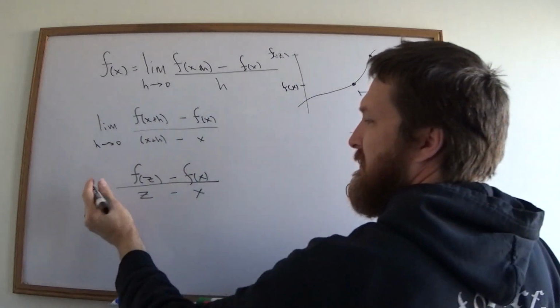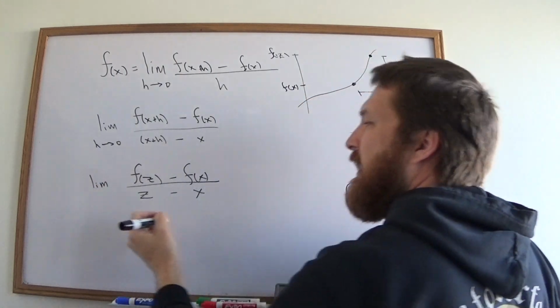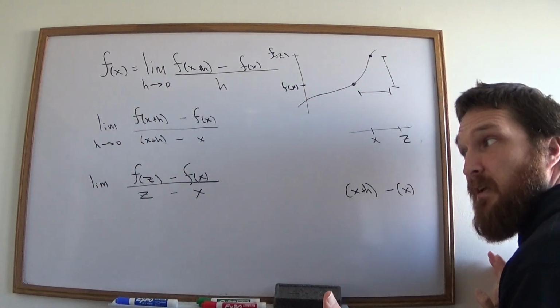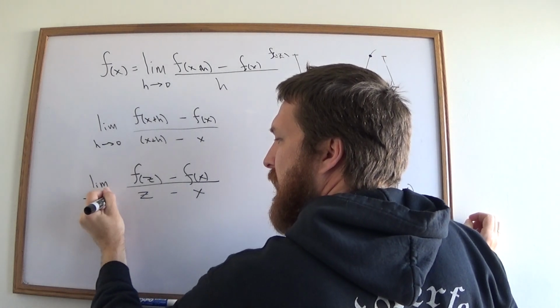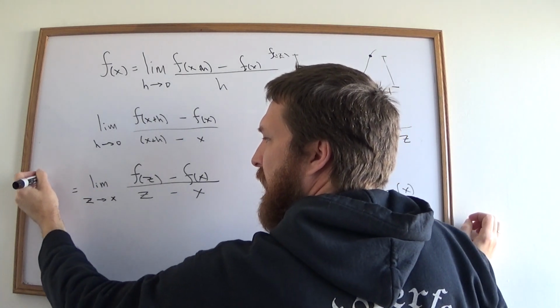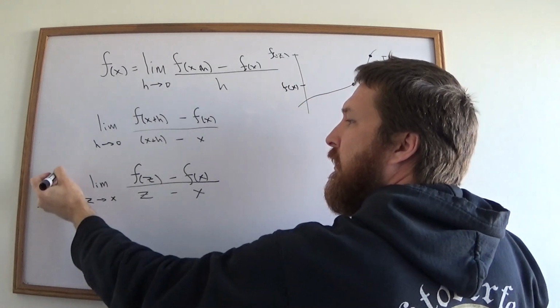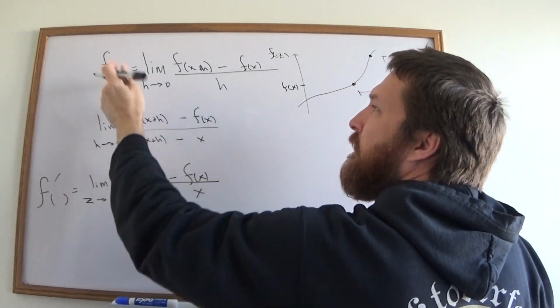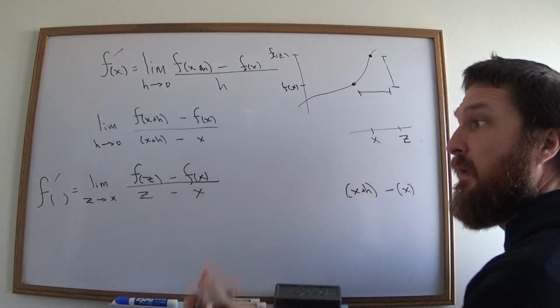I'm going to take the limit as z goes to x. That would equal f prime of what?